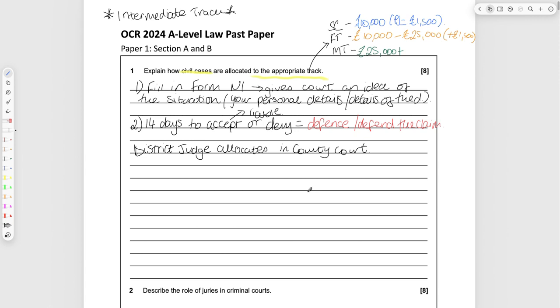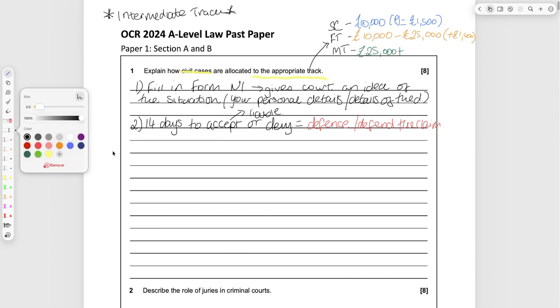That's delving into deeper things. To be honest, if you want to talk about which judge allocates which cases to what, brilliant, if that's the knowledge that you have done in your own time reading up on it. But the best way to word it is like this.